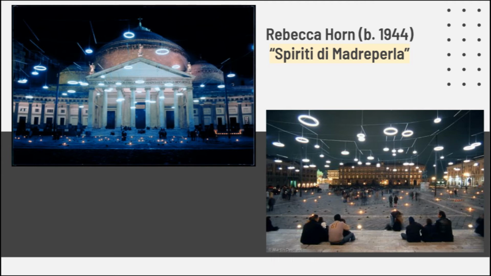Those represent the souls of purgatory. In Neapolitan culture, it is believed that there is a special relationship between the dead and the living, so that's why this kind of representation took place. Here the viewer walks through the installation and becomes part of this sharp energy field in dialogue with the city.